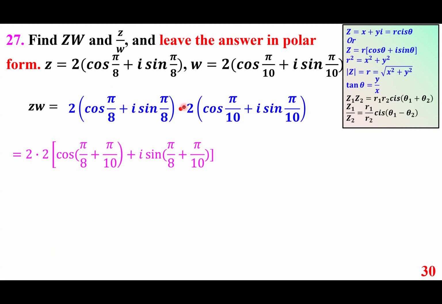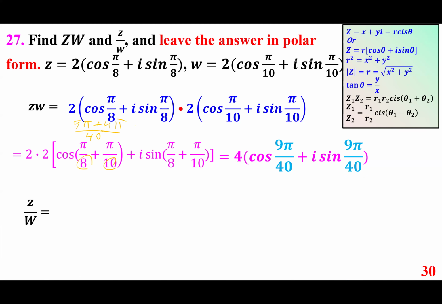So 2 times 2, and then cosine of pi over 8 plus pi over 10, plus i sine of pi over 8 plus pi over 10. The common denominator for 8 and 10 is 40, divided by 8 is 5 pi, divided by 10 is 4 pi, and so we get 9 pi over 40, and we're done. Needless to say, 2 times 2 is 4.